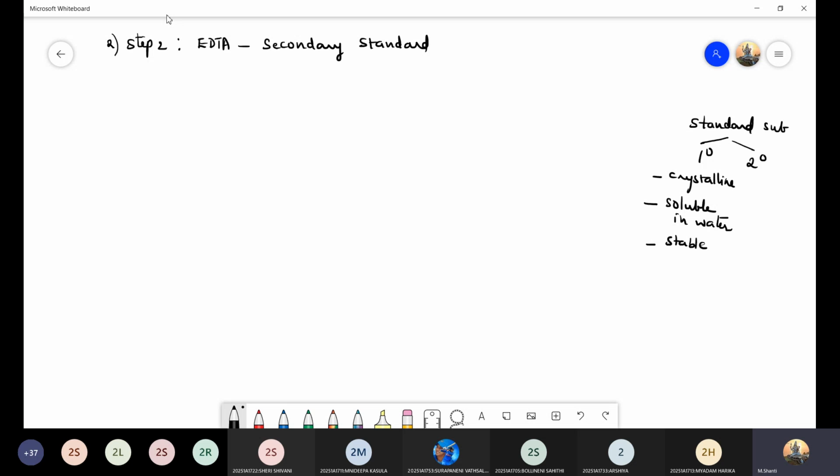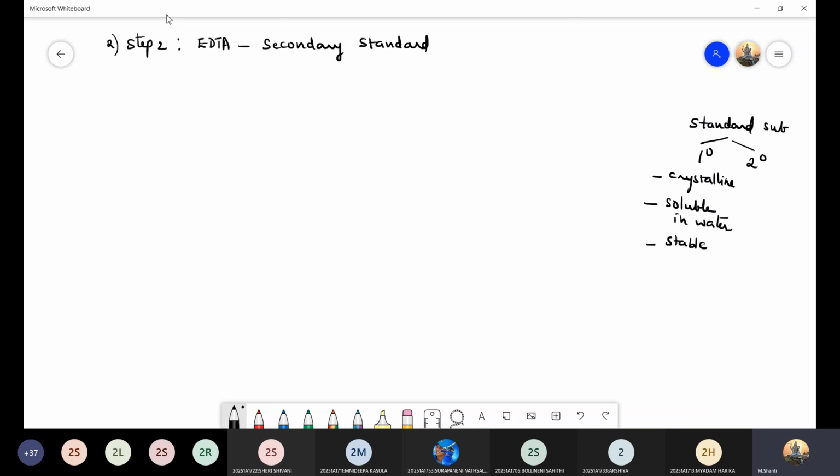If any of these characteristics are not satisfied by a substance, then that substance would be termed a secondary standard substance. Why is EDTA called a secondary standard? Because it is not readily soluble in water and it is not stable. So you take EDTA as a secondary standard.